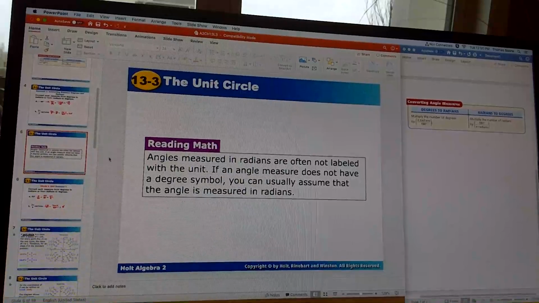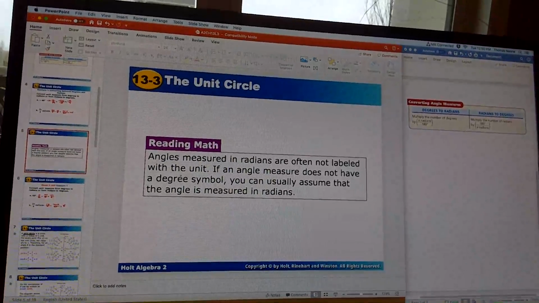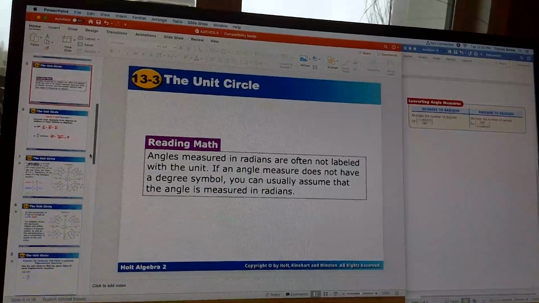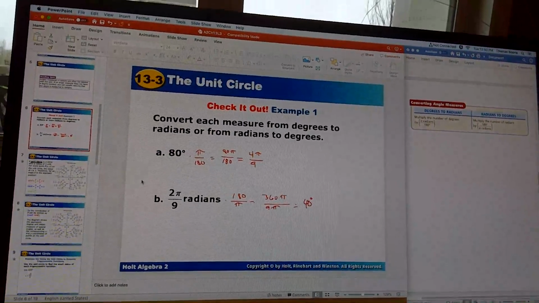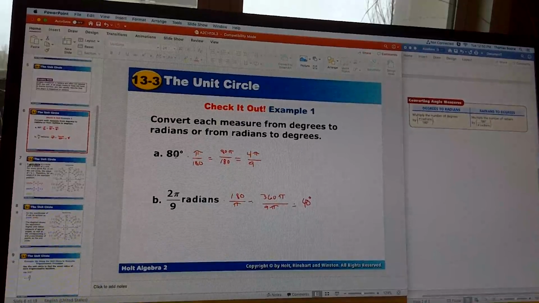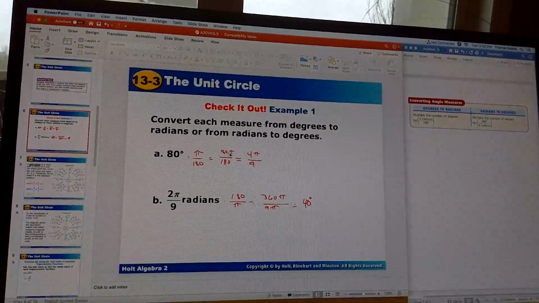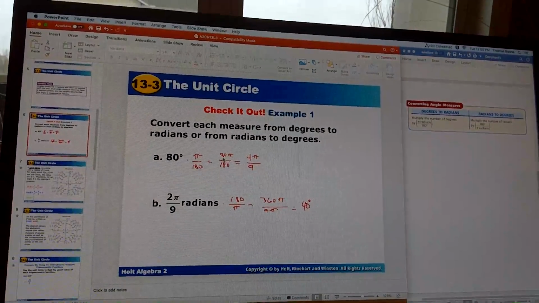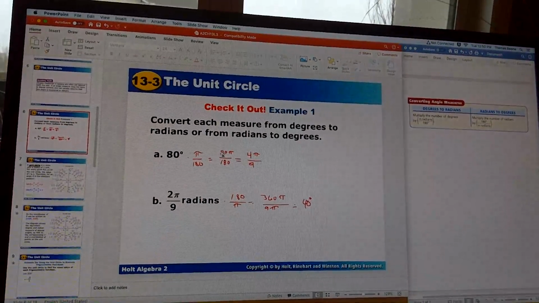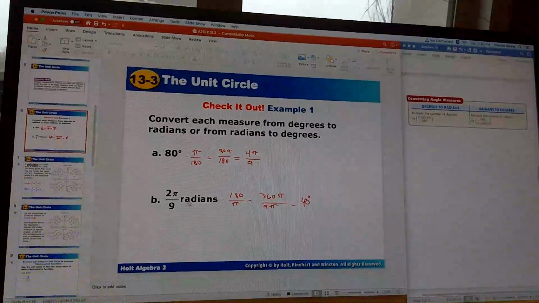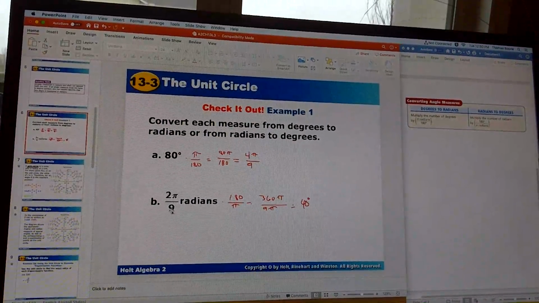So how do you tell if it's degrees or radians? Degrees will usually have the degree symbol. Radians don't, and usually have a pi included. Here we go, 80 degrees. Converting that to radians, we multiply by pi over 180. So 80 pi over 180 you can reduce to 4 pi over 9. Next, 2 pi over 9 radians.